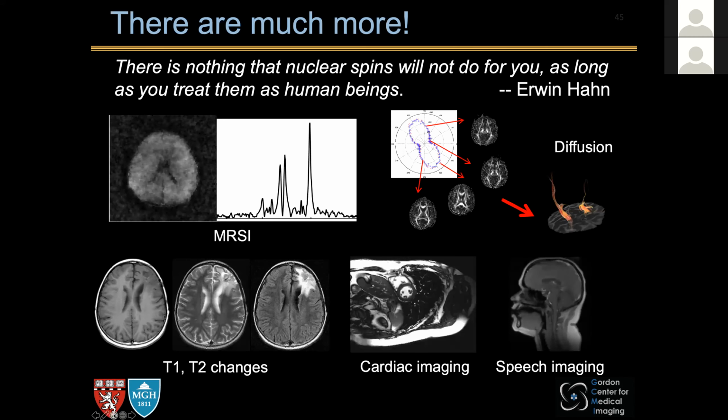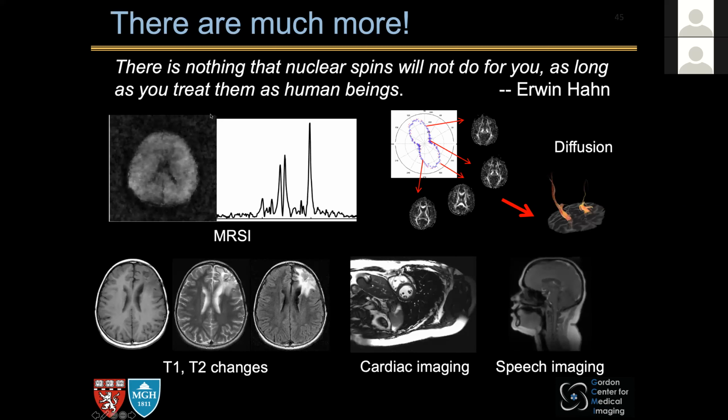So this is an example of speech imaging. The music you heard is this guy singing while in the MR scanner. And this is how the vocal structures change as he is singing in the MR scanner. This is just an example of what MR can do.